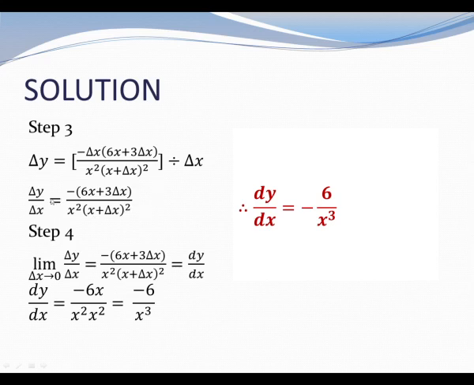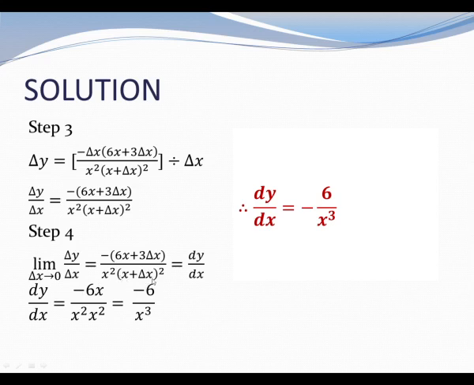And then the next step is to evaluate delta y with respect to delta x for its limit as delta x approaches 0, because this is now the derivative of the function with respect to x. When we substitute delta x as 0, in the numerator, delta x is 0 multiplied by 3, and that is 0, so what remains in the numerator is negative 6x.